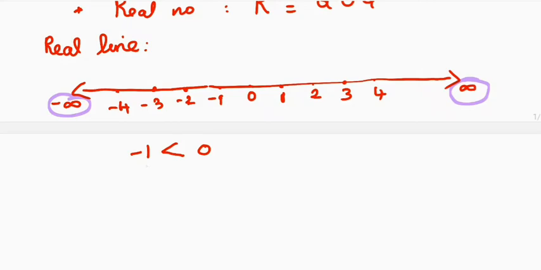If you consider 1 and 3, 1 lies to the left of 3. So 1 is less than 3. Therefore, if x lies to the left of y, it means x is less than y.